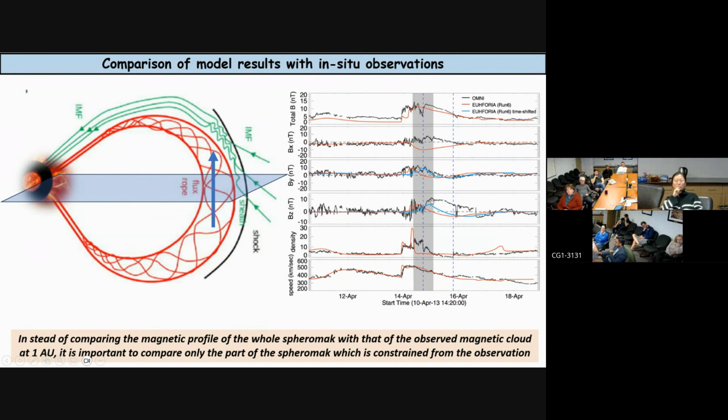In the observation we also see the Bz component is unidirectional, purely northward from this point to that point, which is basically the two boundaries of the flux loop.